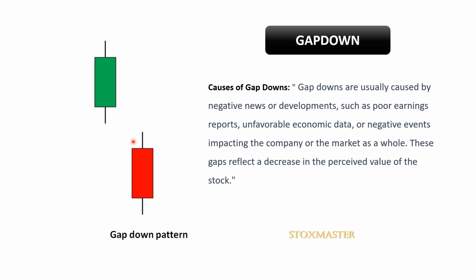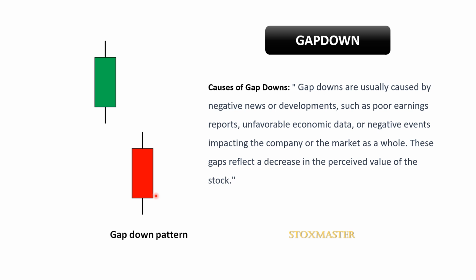So what are the causes? We clearly explained in the previous part about the gap up, and this is the flip side of the gap up. Gap downs are usually caused by negative news or negative developments, poor earnings reports, unfavorable economic data, or negative events impacting the company or the market as a whole.